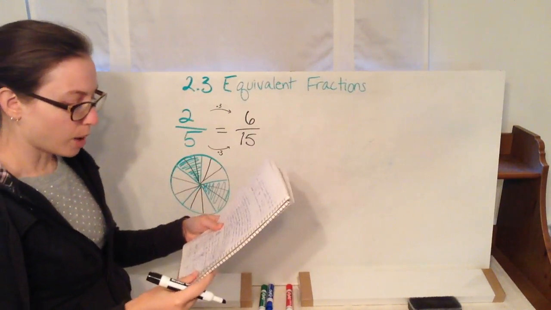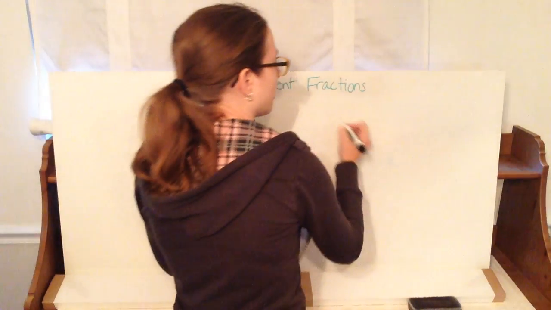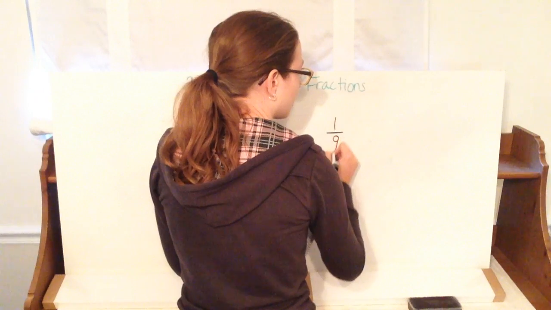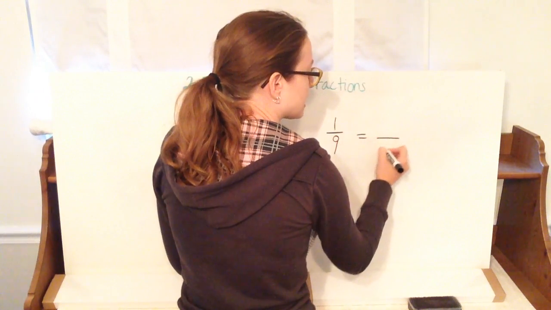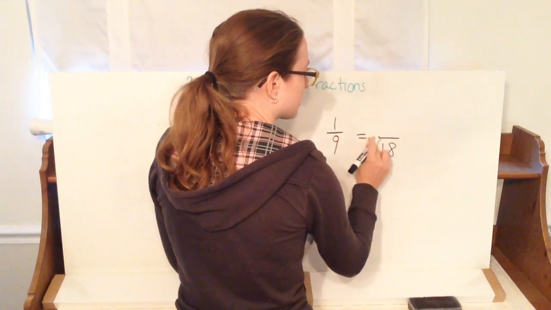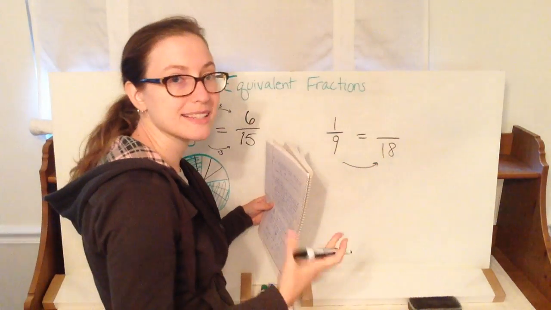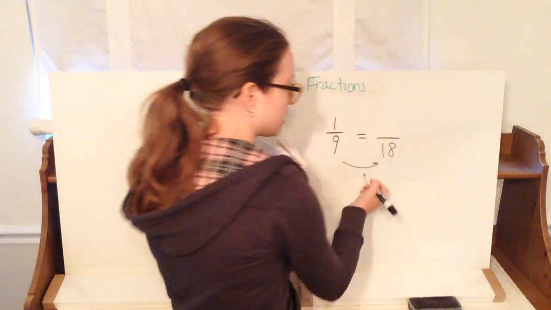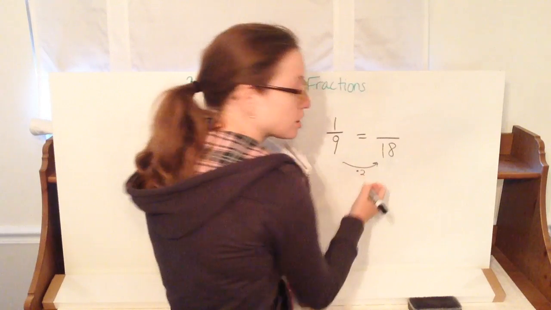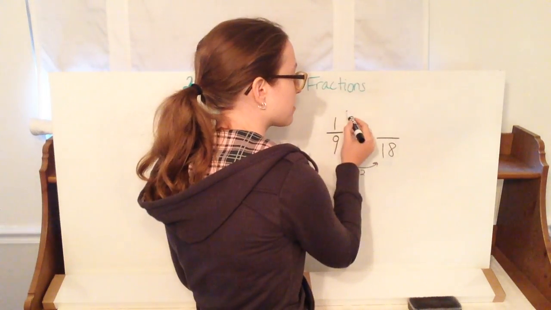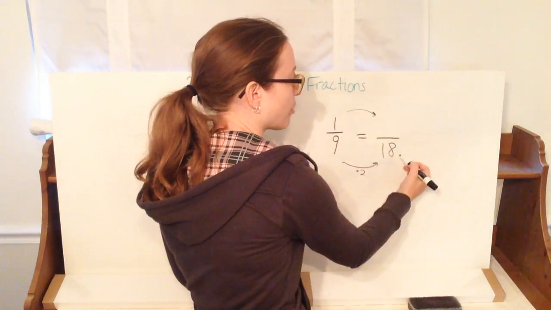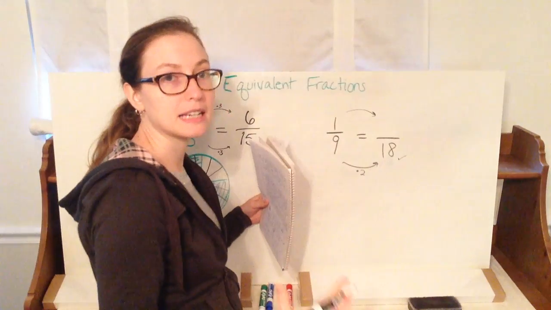Okay? Without drawing a picture, if I have 1/9, and I want to know how many 18ths that is, I can say, what times 9 gives me 18? Well, I'm going to multiply by 2, and I'll do the same thing then on the top. So that gives me 18, which is what I needed.